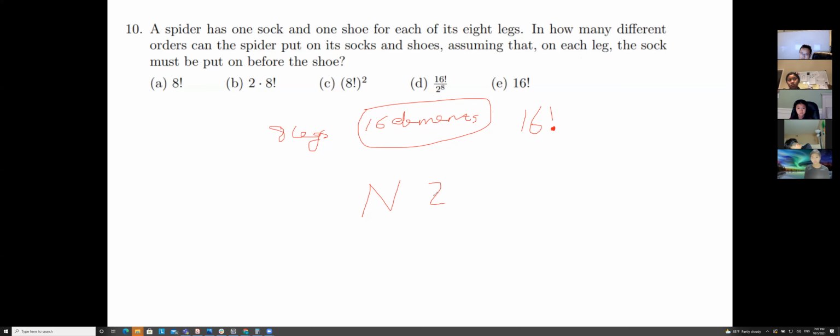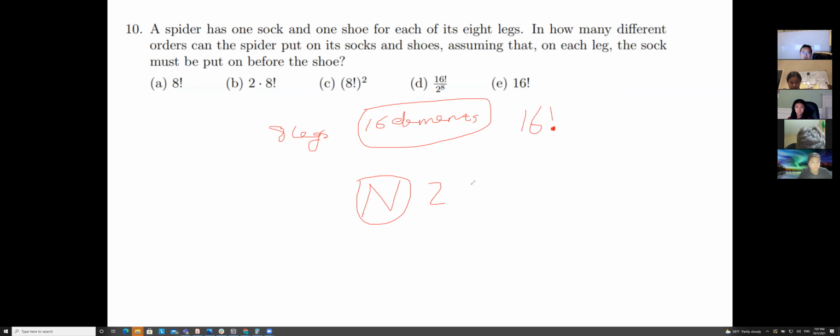Okay, just give you a second. So now we limited the order of shoe and sock for each leg. Now, let's say with this limitation, our final arrangement is n. Now if I relax this requirement, there's no such limit.